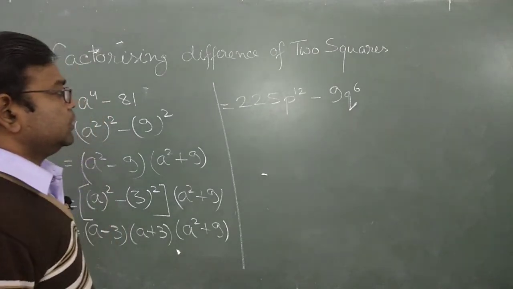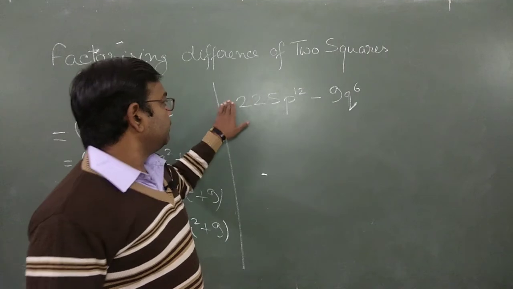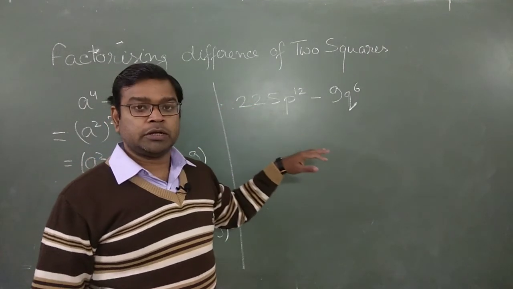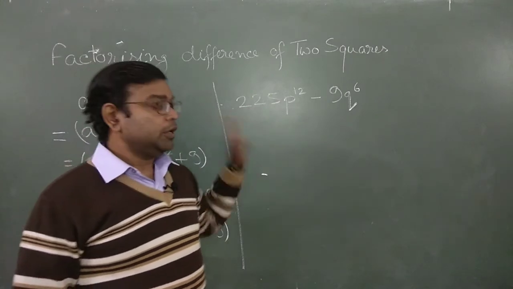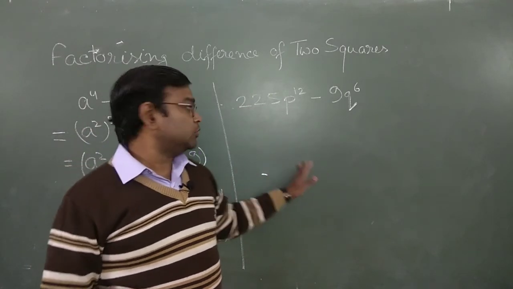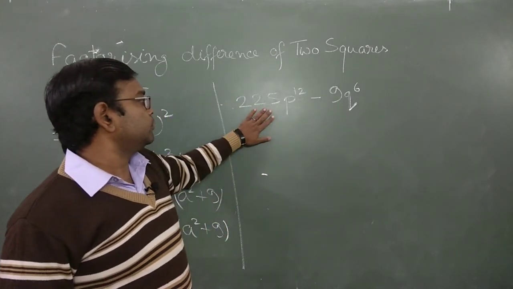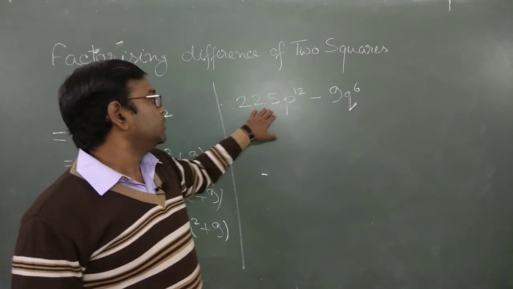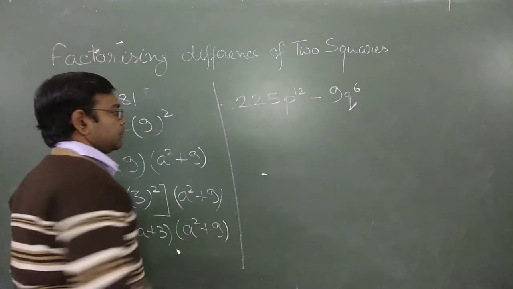First see that many of you now can think that we can take 3 common from both sides. No, need not to take common, because we have already square root of 9 is 3 and square root of 225 is 15. So we have to check how we can solve this.